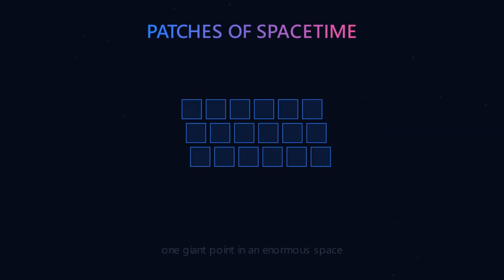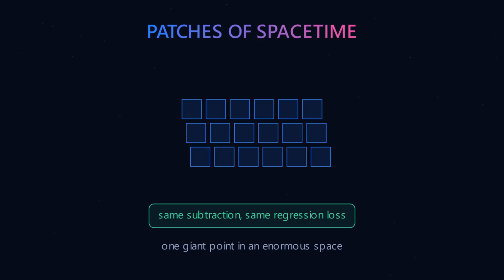Concretely, video flow matching systems typically break a video into small spacetime patches, little cubes of pixels spanning both space and a handful of frames, and treat the whole collection as one giant point in an enormous space. The same straight-line conditional path, the same subtraction for a target velocity, the same regression loss, just applied to patches instead of pixels.